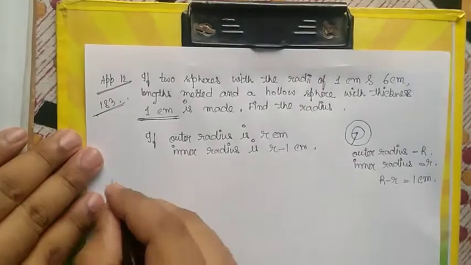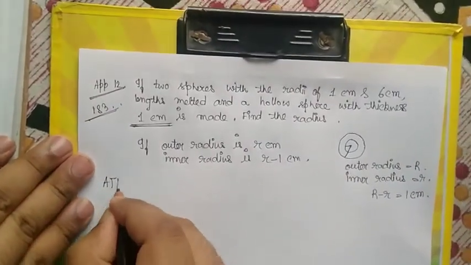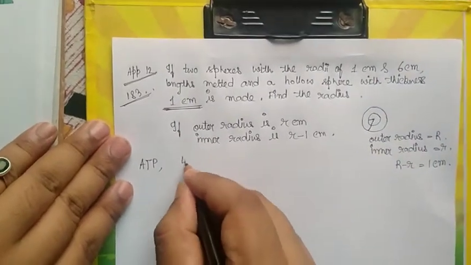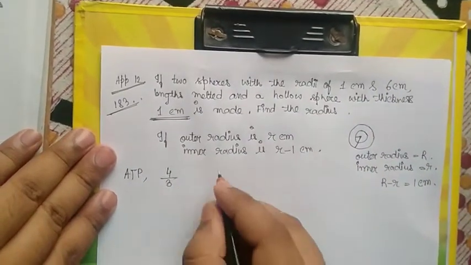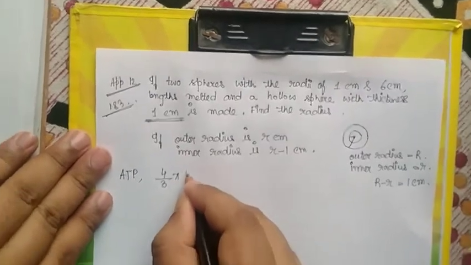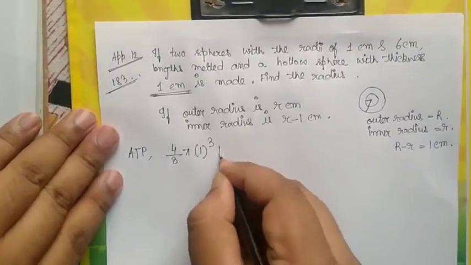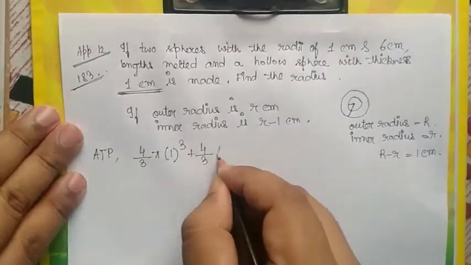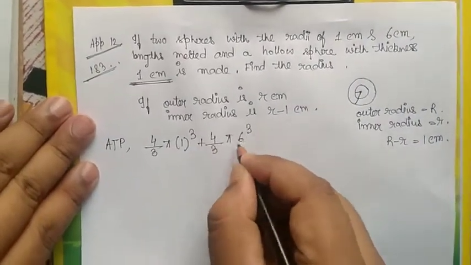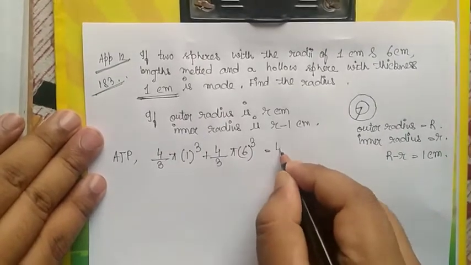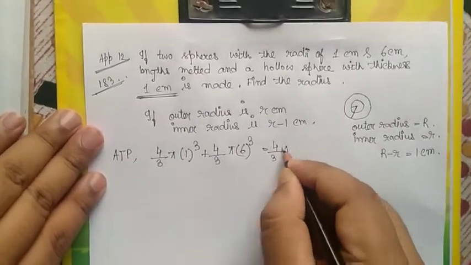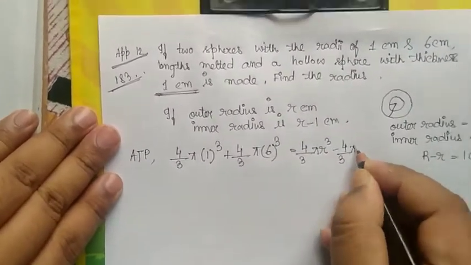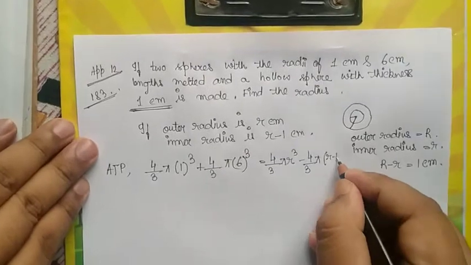So according to the problem, the volume of the first sphere, 4 by 3 pi 1 cube, plus the second sphere, 4 by 3 pi 6 cube, equal to 4 by 3 pi r cube minus 4 by 3 pi r minus 1 whole cube.